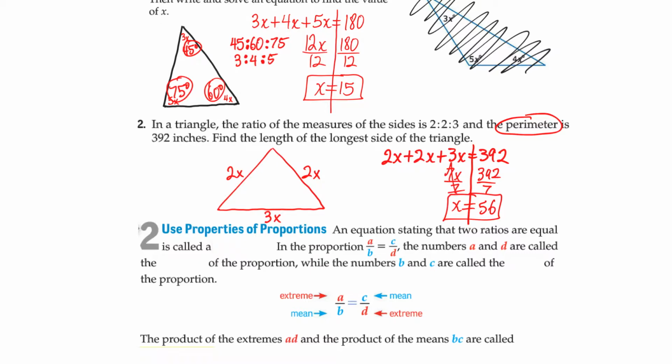So for every 2 56s here, it's 2 56s here, it's 3 56s here. And the question is, how long is the longest side? It's 168 inches.